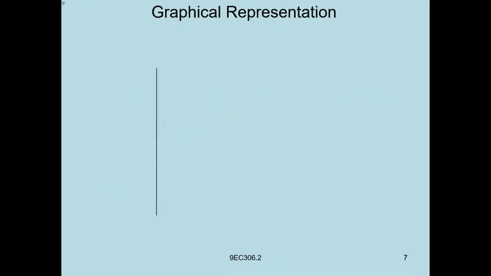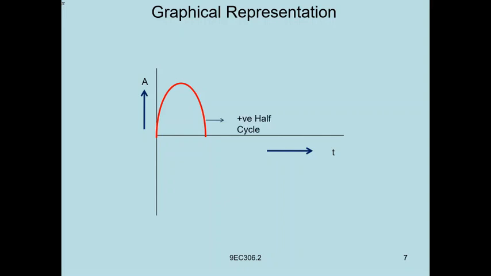See the graphical representation. This is the sinusoidal signal half cycle, and this is the other negative half cycle. So the red color is the positive half cycle of the sinusoidal wave, and this blue color is the negative half cycle.